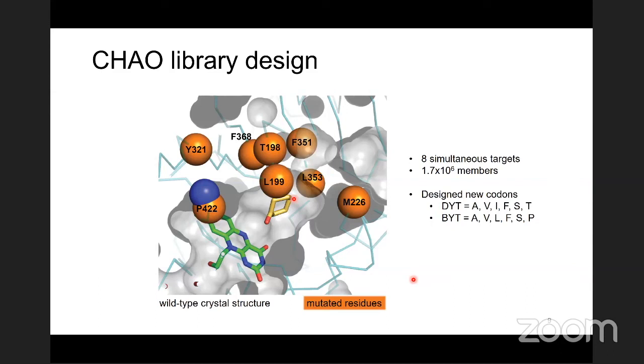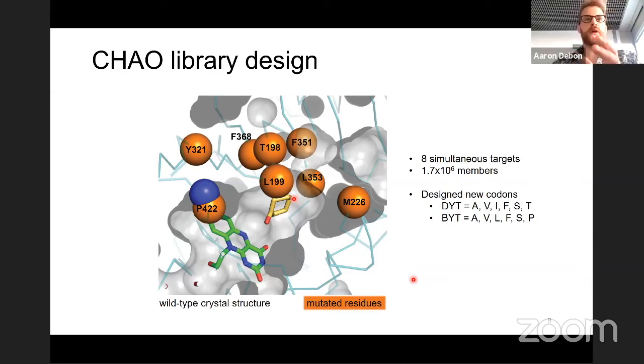So I think in this case, our goal was actually to limit our codon set as much as we can and still have a certain diversity in there. So we have small hydrophobic, large hydrophobic. And this pocket is all inside the enzyme, so all of these residues are very hydrophobic.